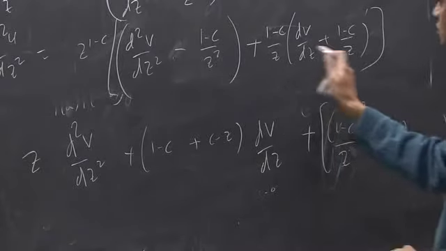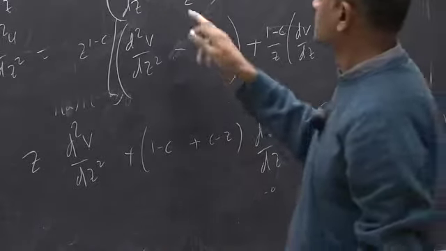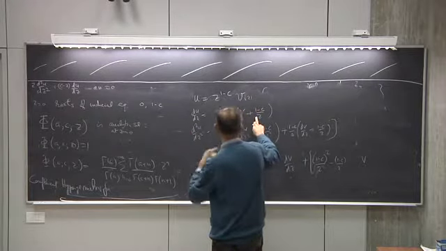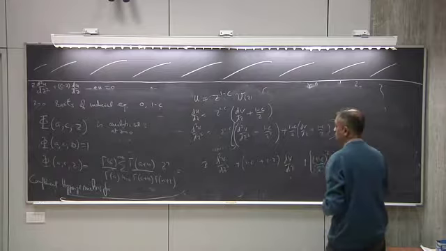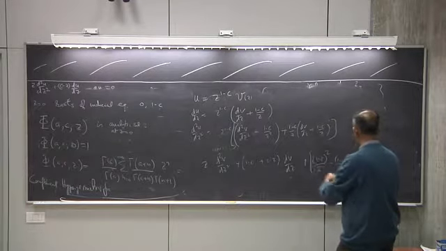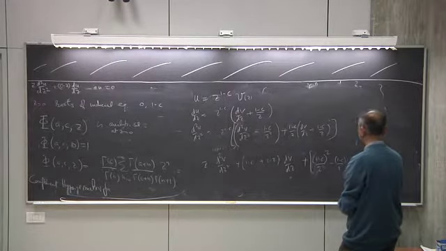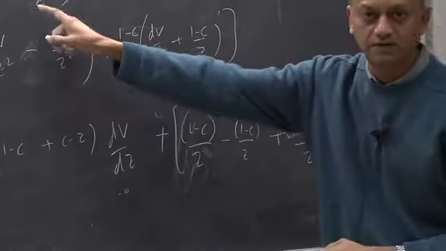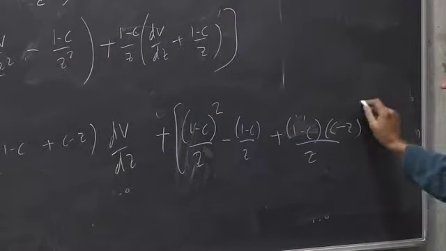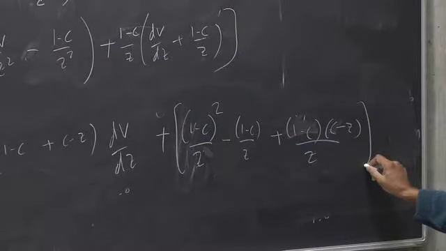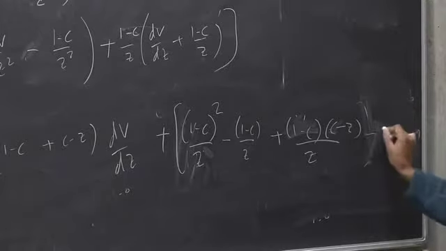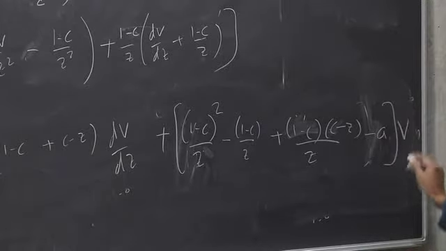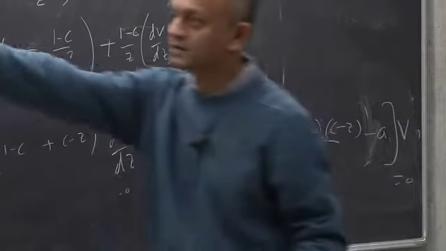And that's from these two terms. From this term, I'll get plus 1 minus c times c minus z divided by z. This whole thing is multiplying minus a. Minus a multiplying v. Minus a because just that term, the last term.